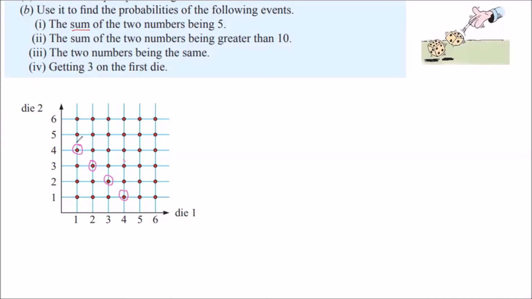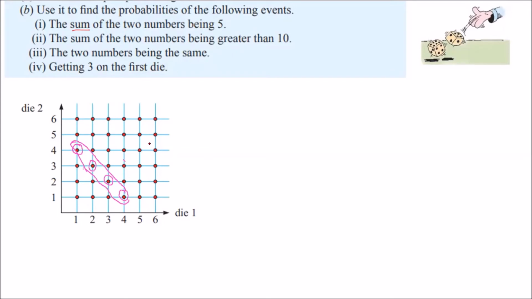Now from these 4 events, the sum of the two numbers is 5. Then what is the probability?